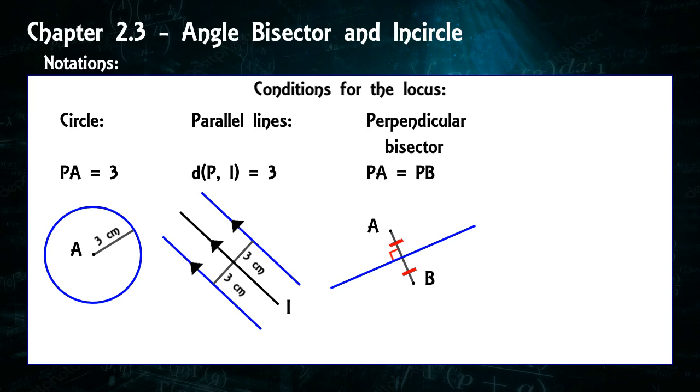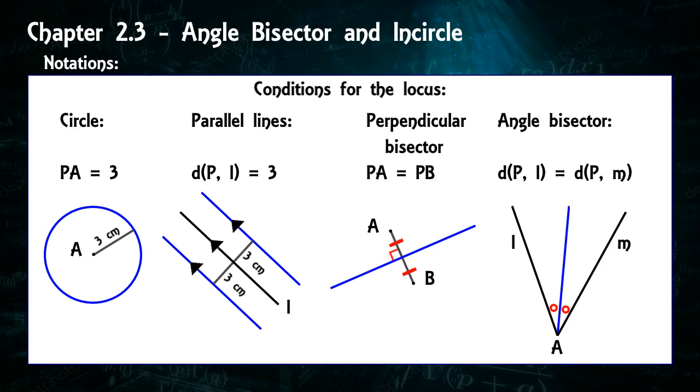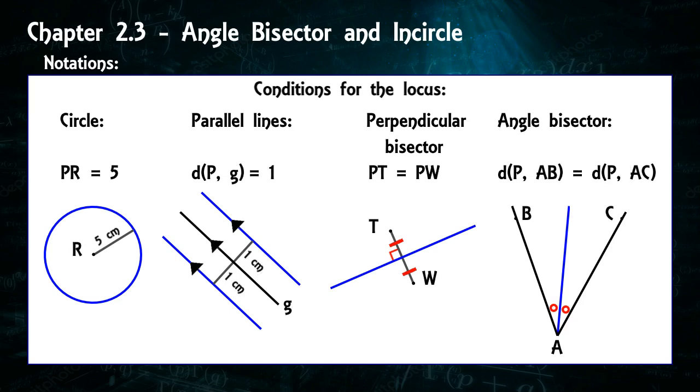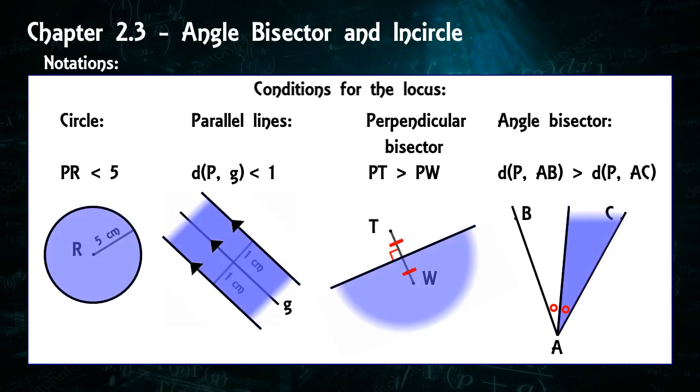And lastly, the angle bisector with dPL is equal to dPM. Of course, variations can occur by changing the numbers, the letters, or even the symbols. So, when working with the locus, be sure to memorize the notations, but know that they can change slightly.